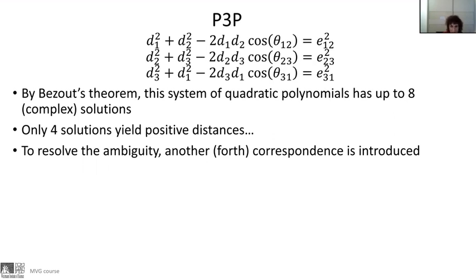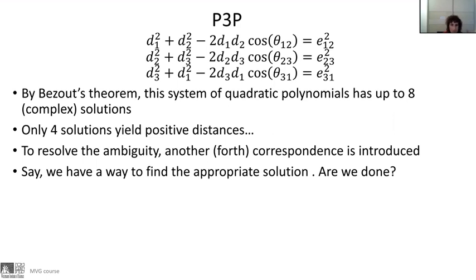But now I would like to ask you a question: how can I move from knowing D1, D2, and D3 to understanding what is the camera matrix between the world and the single camera that I have? How am I going to understand what R and T are?